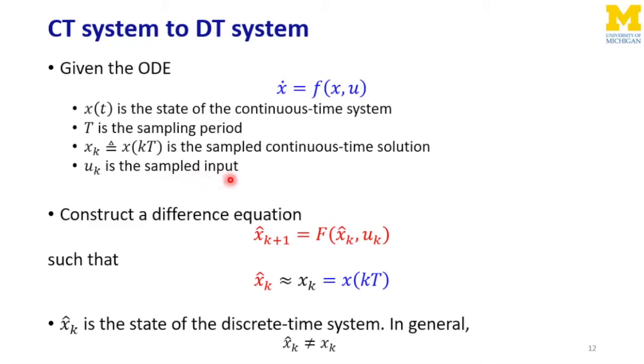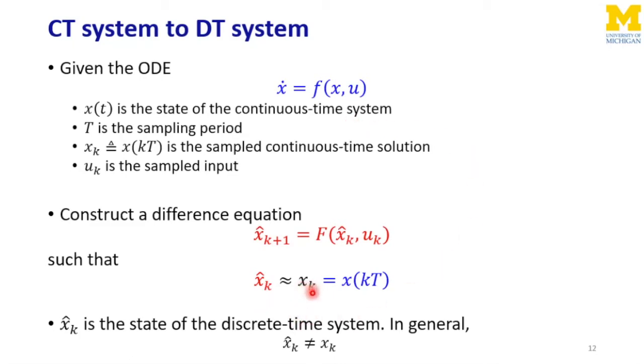Now, our objective is to construct a difference equation shown here, a discrete time system such that the state of the discrete time system, x hat k, approximates the state of the continuous time system, x of k.